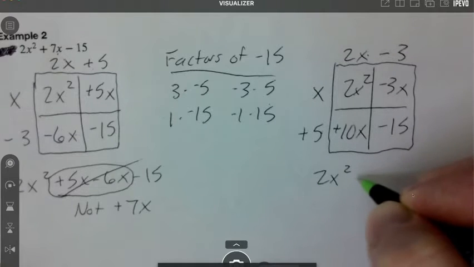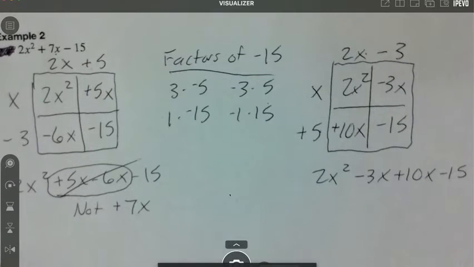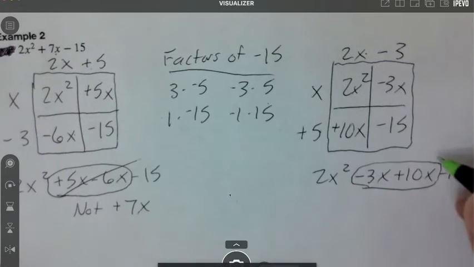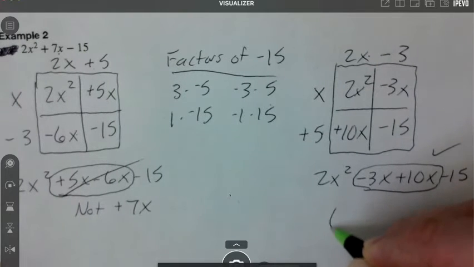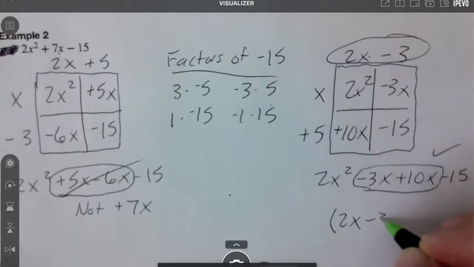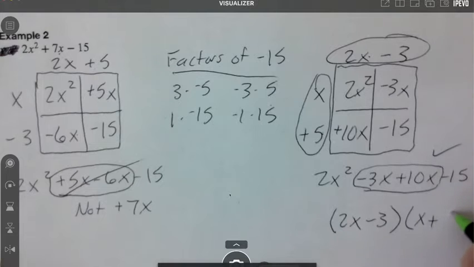And now my box contains this. And these certainly do combine to get me positive 7x. So therefore, my factored form must be 2x minus 3 times x plus 5.